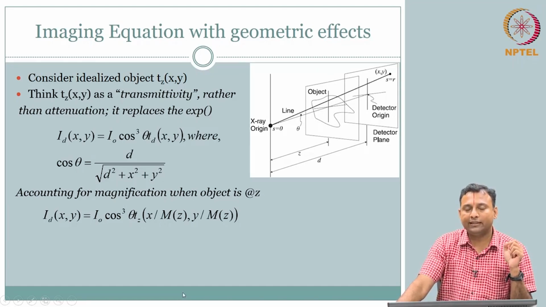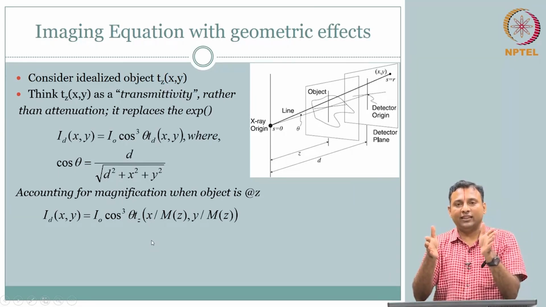What you see at the detector is a magnified version of whatever is there at location z, the object Tz. Clear? So that's why we wanted to collapse it into an ideal object, so that it is easy to write this out.